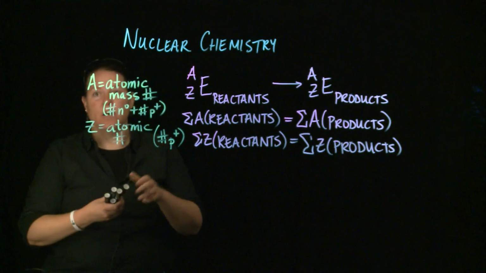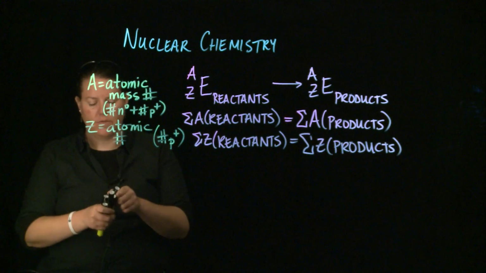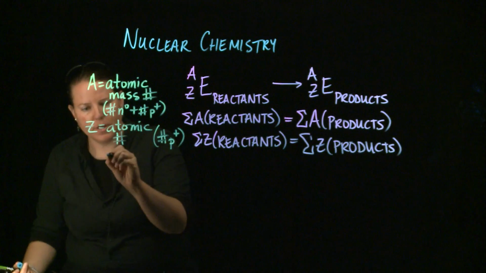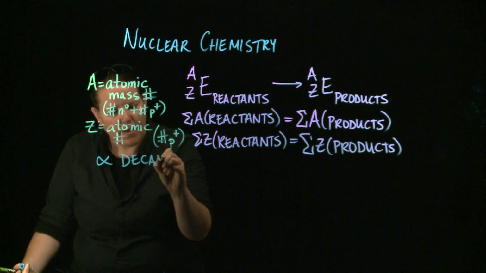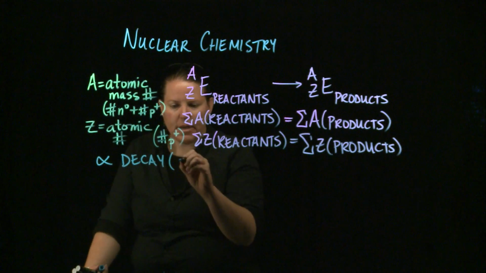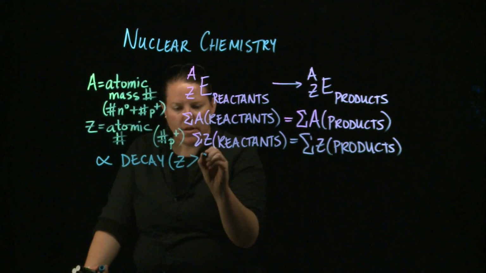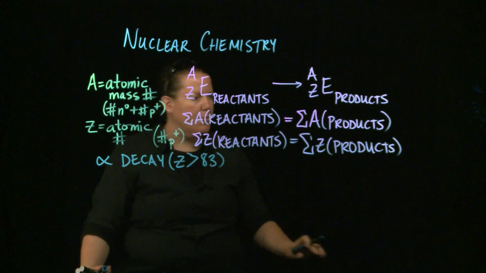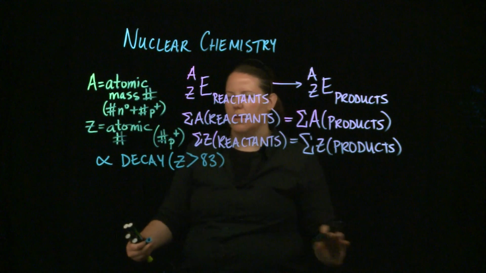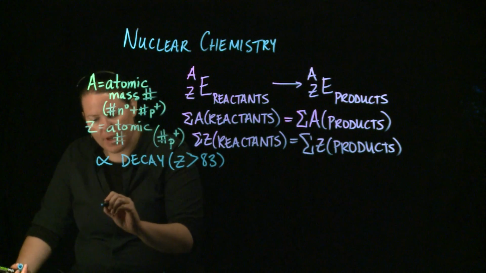Okay, so there are multiple kinds of nuclear reactions. Let's talk about each of them. All right, so alpha decays, which happen anytime the atomic number is greater than 83. And there are beta decays.